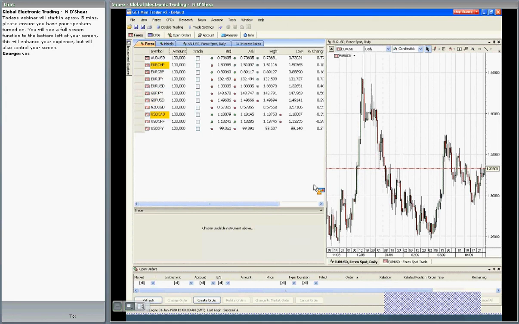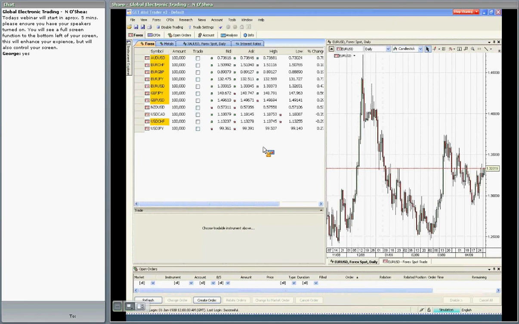Okay. For those of you that have been on the Big Trader, which offers all our asset classes, you'll note that this is very much the same look and feel as that platform, and you'll see that we're in simulation mode here.